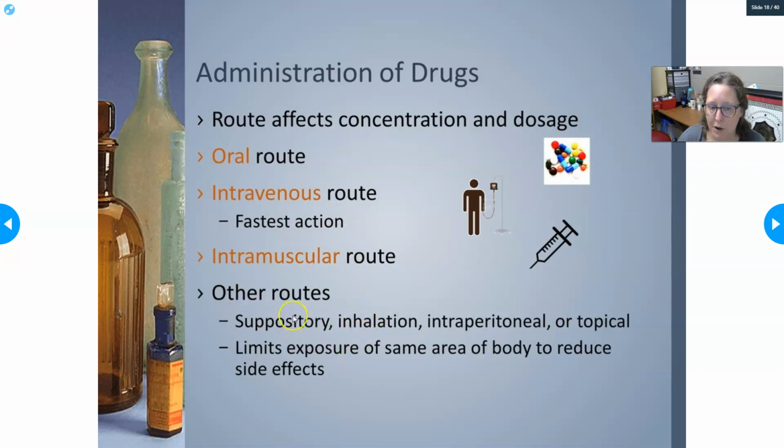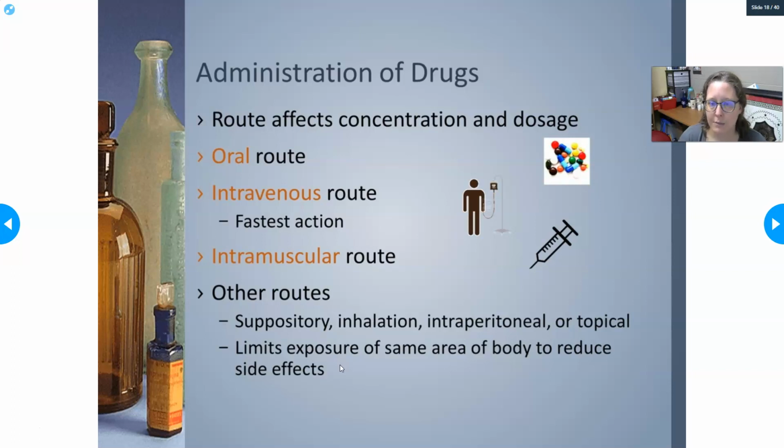Other routes are suppositories, especially if the patient might be intubated or have other things where they just can't do anything orally. And intraperitoneal, like injection into the abdomen, or abdominal cavity. Topical, so anything that's put on the skin, but you can also have patches, like the stop smoking patches, birth control patches, etc. And whenever you have topical, you want to limit the exposure of the same area of the body to reduce the side effects.